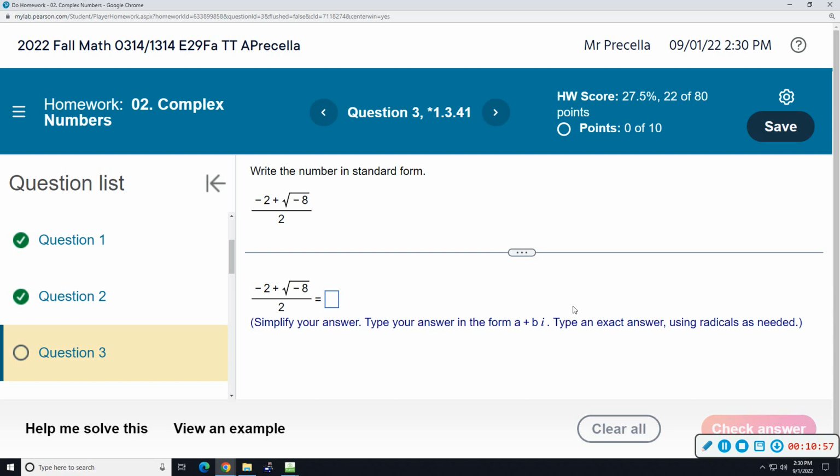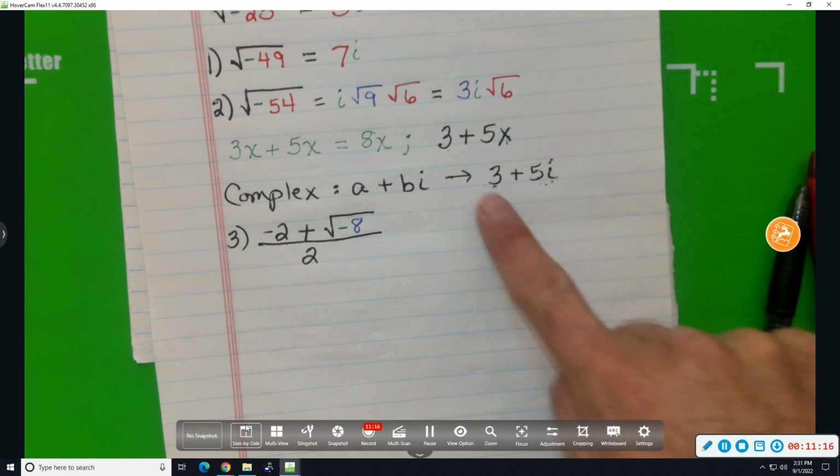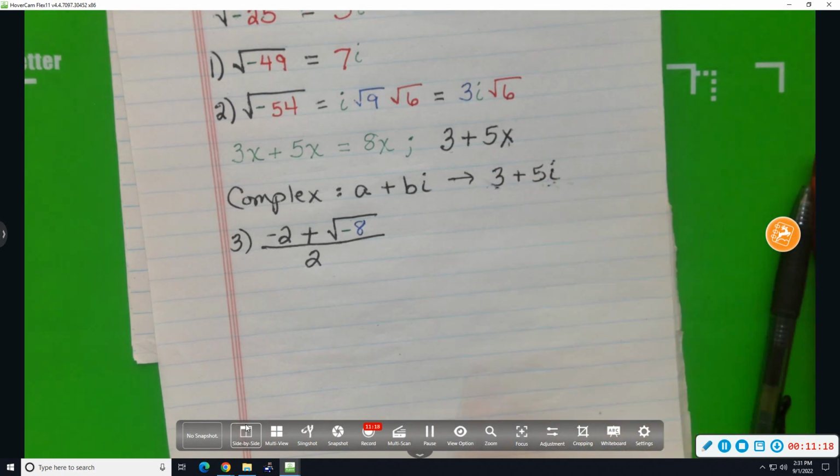It says write this answer in standard form, and what do they mean by that? Well, down here they talk about writing it as A plus BI. Your final answer is going to be one of those complex numbers. You're going to wind up with a real number and an imaginary number which you can't add together like that. But to get started, let's simplify that square root.